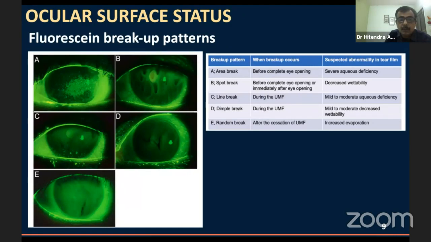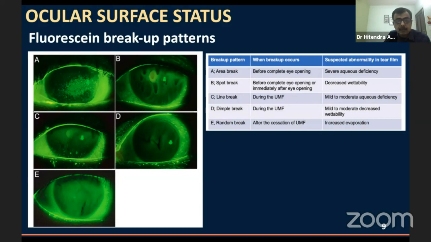And this was discussed by Dr. Hijab. This is a new concept being promoted by a Japanese group, which tells us that an area break, spot break, line break, or dimple break indicates a deficit in the aqueous. And if it is a random break, it indicates an evaporative dry eye.